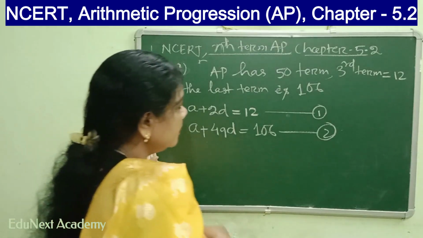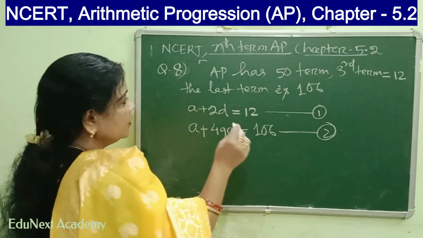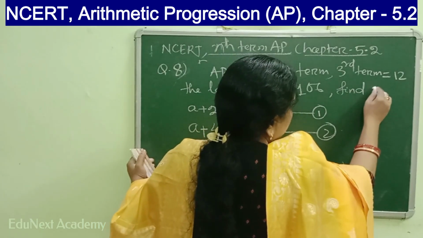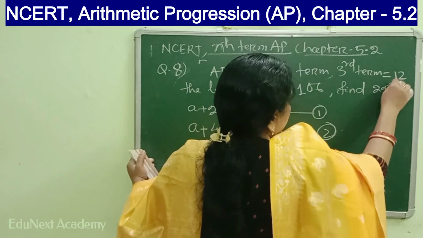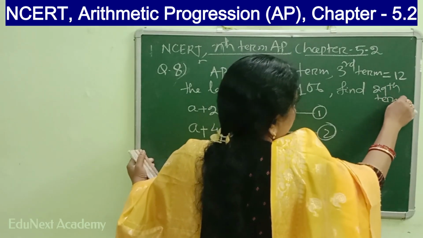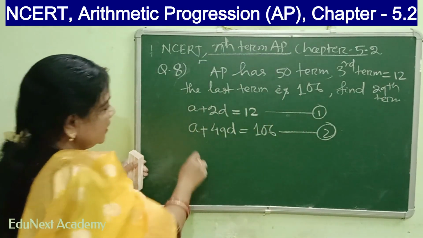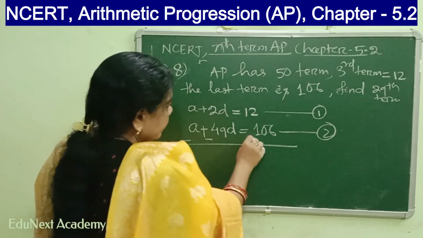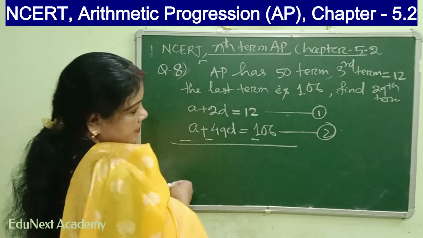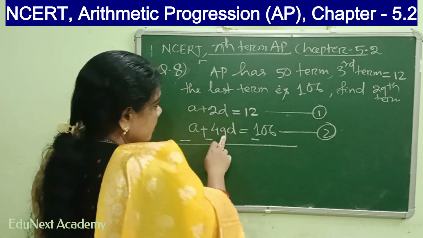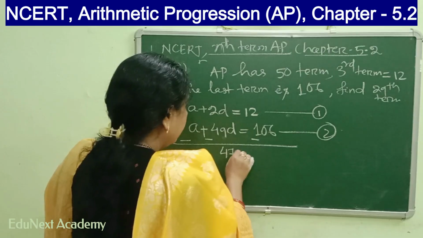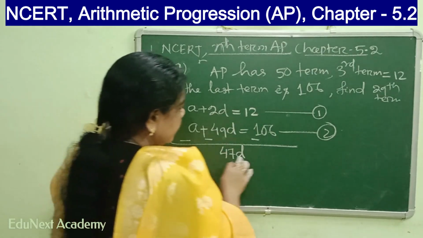Then we have to find the 29th term. What will be the 29th term? So we have to solve equations 1 and 2 by subtracting. That means a minus a cancels out.